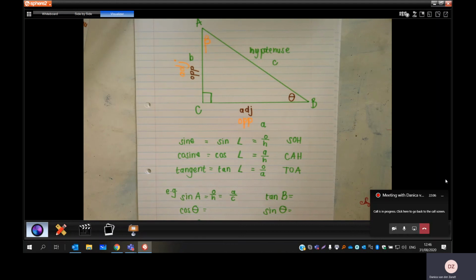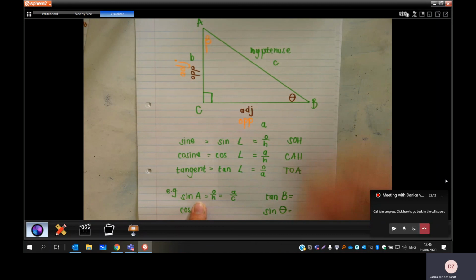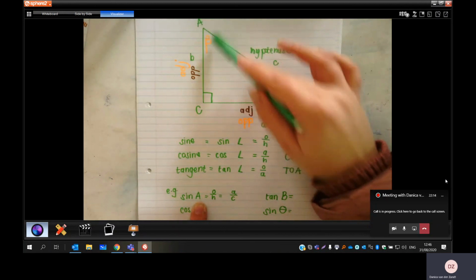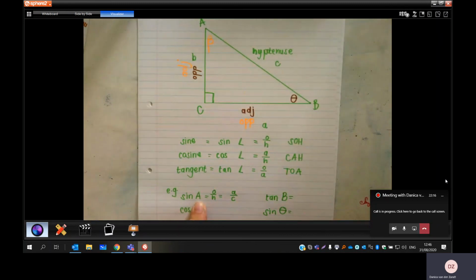So sine, I found sine, which I know is opposite over hypotenuse, but the A is my reference. So there's my A. Even though I've also called it beta, I want you to get used to the fact that I can call it anything.